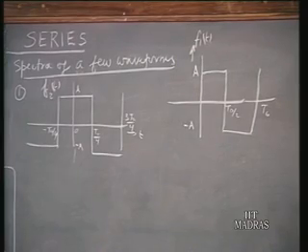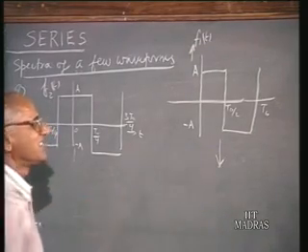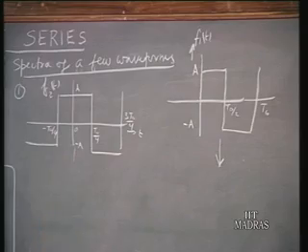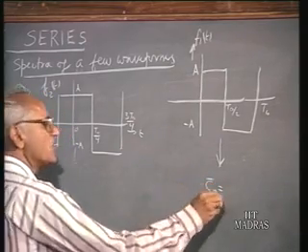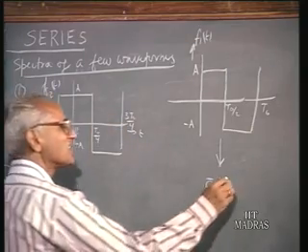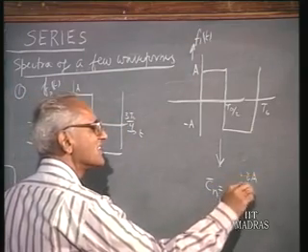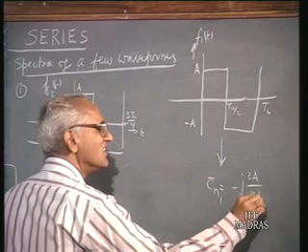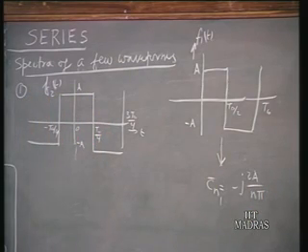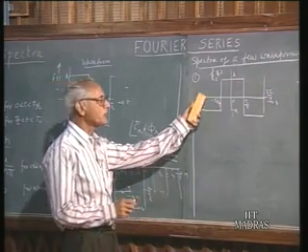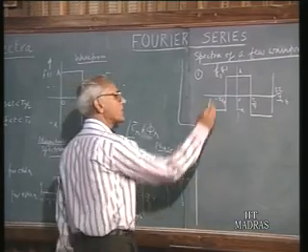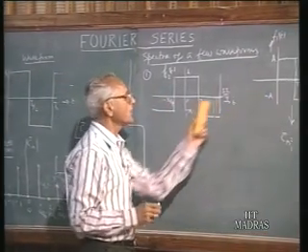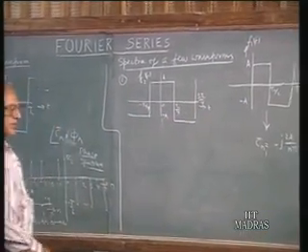We know that this leads to a Fourier coefficient, let us say Cn1, because I am calling this F1, equal to minus J2a by n pi. Now what would be the Fourier coefficient for this? You can say that these two are essentially the same waveforms except for a shift in the origin.